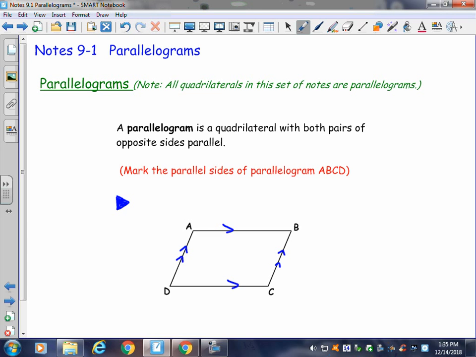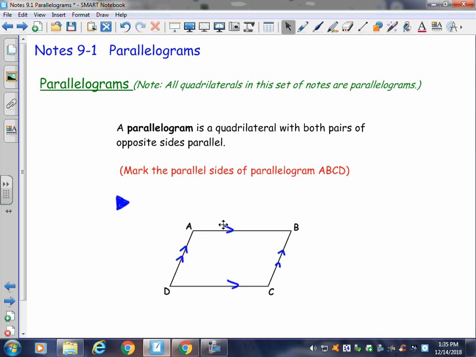So has everybody opened up the packet that says properties and turn to the first page and mark your first picture of this? So these are how you can mark that sides are parallel. You use little arrows showing which way the lines are going.